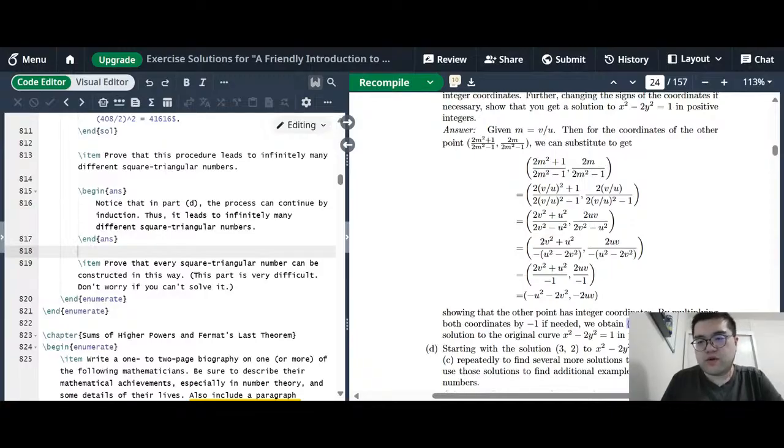Most likely we'll just pick u and v to be positive values, so that in this case we don't even need the absolute value sign.